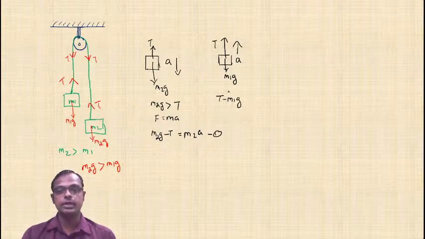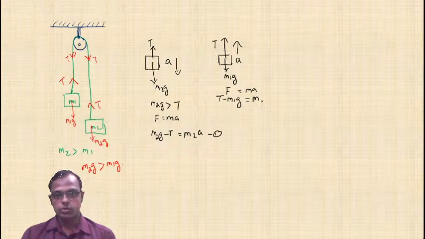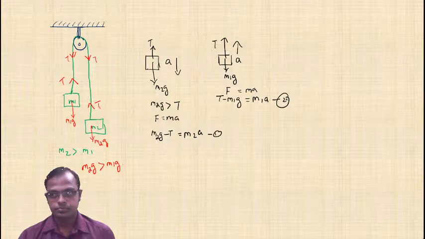Here tension is more than M1G, that's why the body is accelerating upward. So tension minus M1G is equal to, now which body is accelerating? M1 is accelerating, right? So F is equal to Ma. So tension minus M1G is equal to M1 into A.